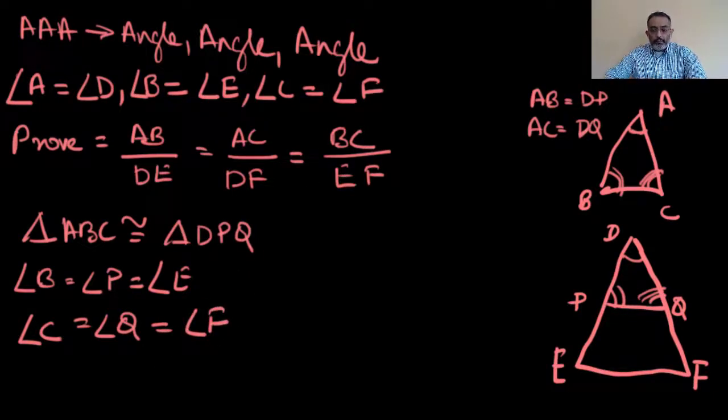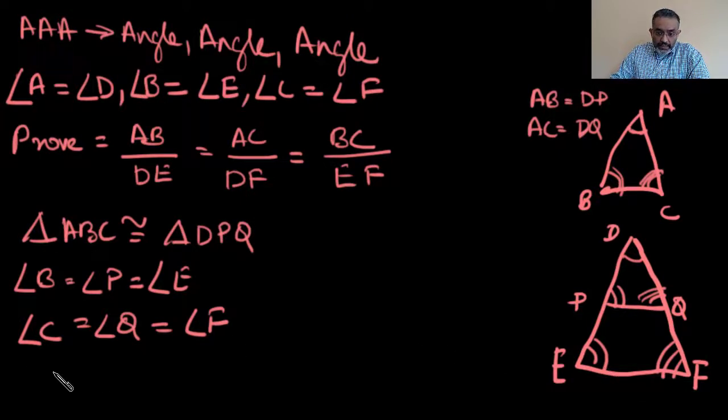All right. Now this shows that P and E are equal, and Q and F are equal. That very clearly means that this line PQ and this line EF are running in parallel.